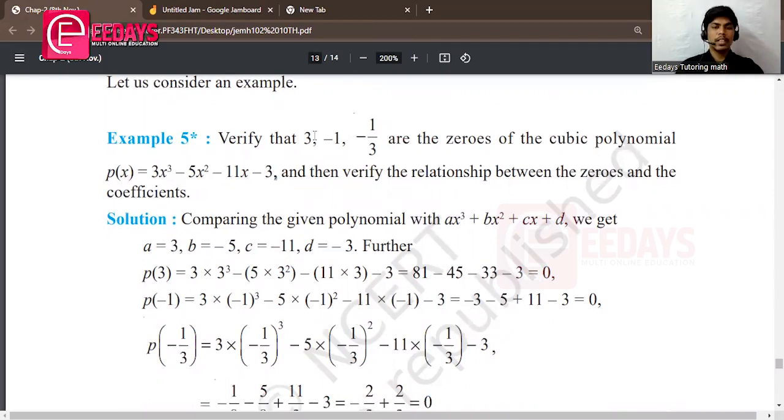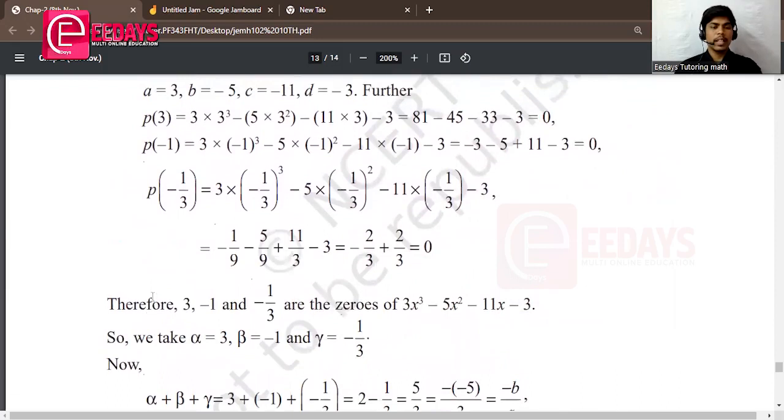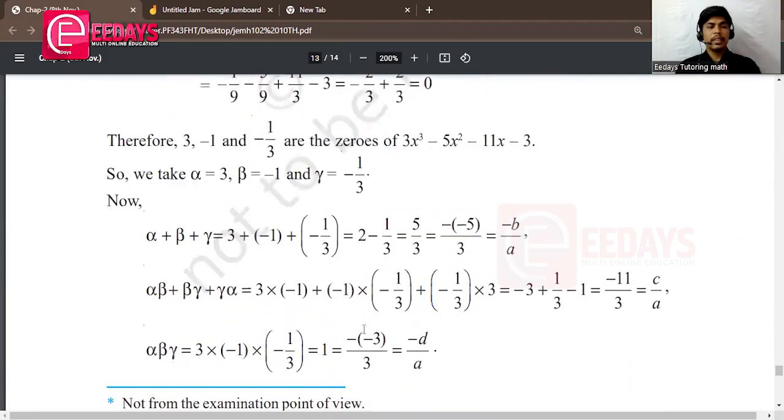If you get remainder 0 in every case, then you can take alpha is equal to 3, beta is equal to minus 1, and gamma is equal to minus 1 by 3. And you can verify by writing the formula: sum of zeros, alpha plus beta plus gamma is equal to minus b by a, and product of zeros, minus d by a, all those things. You just write like this. I hope you understand what I'm saying.